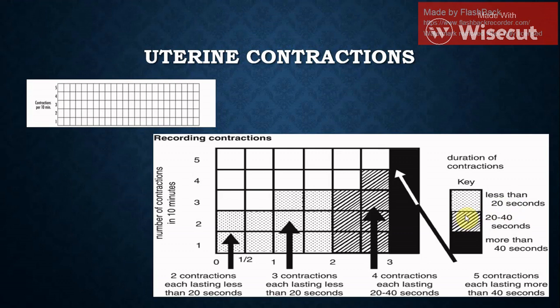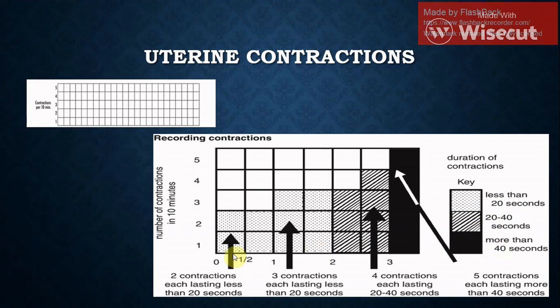Then we have moderate contractions lasting for 20 to 40 seconds and are represented by partially shaded boxes, as we can see. Then we have stronger or intense uterine contractions lasting for more than 40 seconds and are represented by fully shaded boxes or completely shaded boxes.